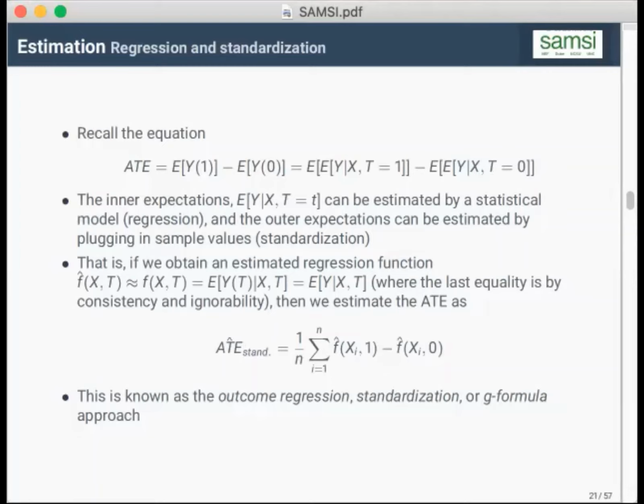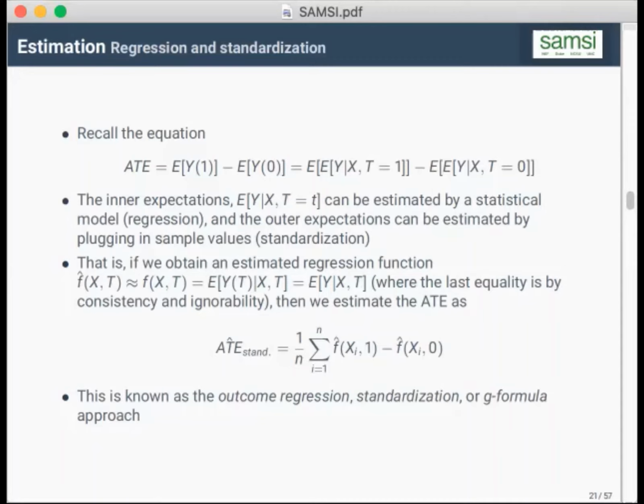So the expectation of the expectation of Y given X and T. Those inner expectations are just the normal type of conditional expectation that we know very well how to estimate in statistics. And in particular, we can just use a regression model, a parametric or a non-parametric regression model, to estimate the expected value of Y given X and T. This is referred to as the outcome regression model.